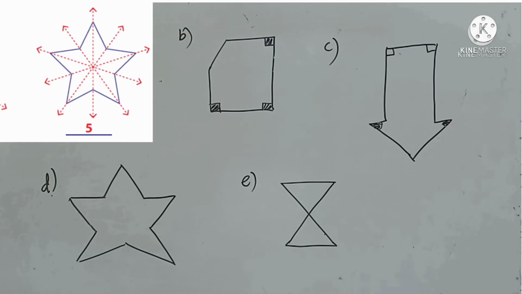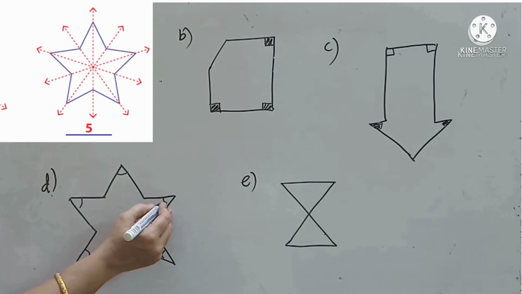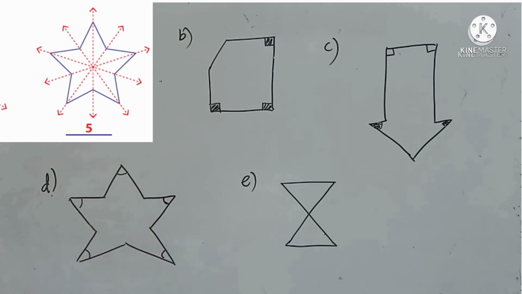D question, we are having star. So using lines of symmetry, we know very well, we are having 5 lines of symmetry here. All 5 angles are equal. So here all angles are equal.